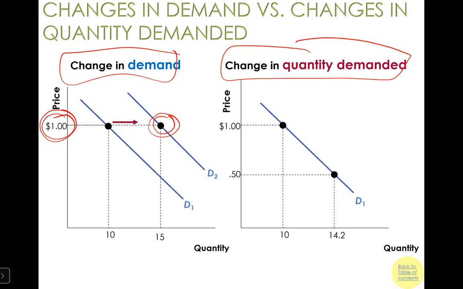When the price drops from 1 to 0.5, the quantity demanded will increase from 10 to 14.2. To summarize, when there's a change in quantity demanded, the demand curve stays the same. But when there's a change in demand, the demand curve is going to move.